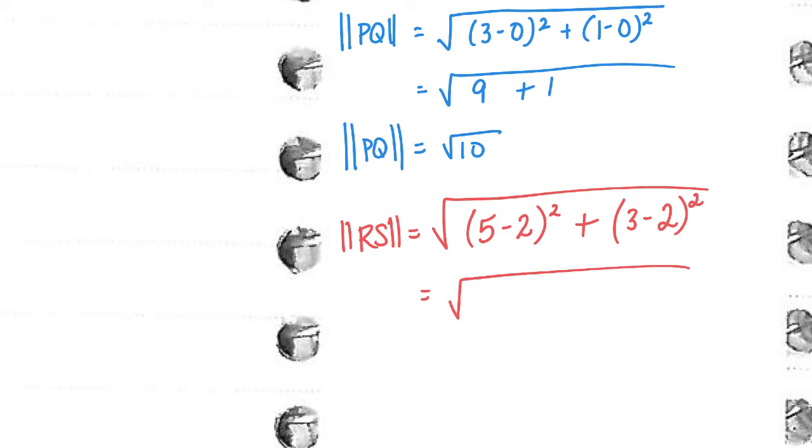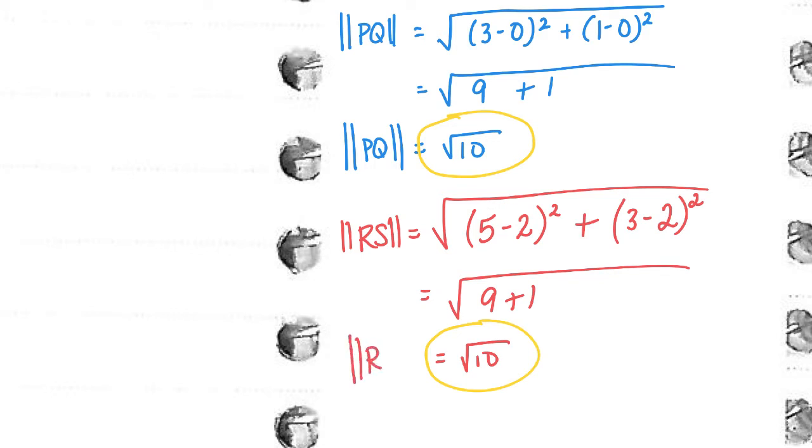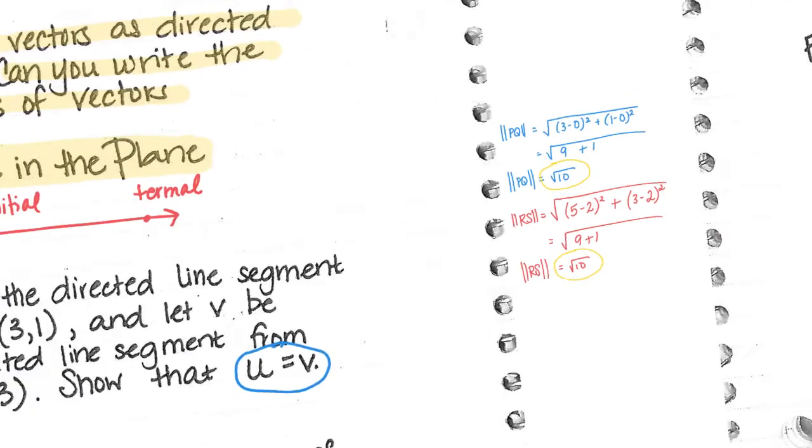And this is going to also be 9 plus 1, which is the square root of 10. So all they wanted us to do is to prove that PQ was equivalent to the vector RS. We did that. Example 1 is done. So U is equal to V.